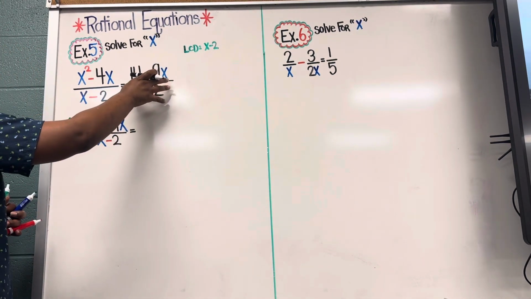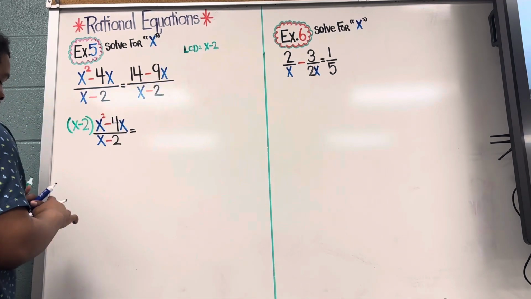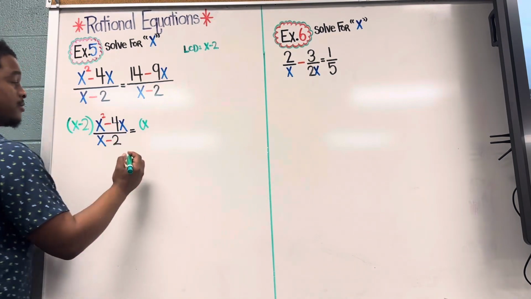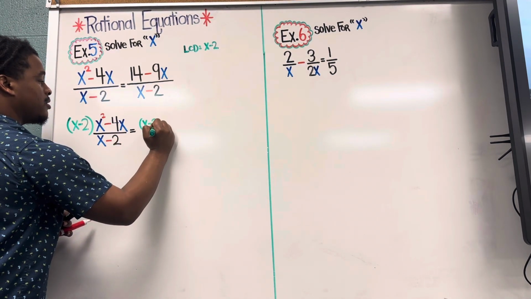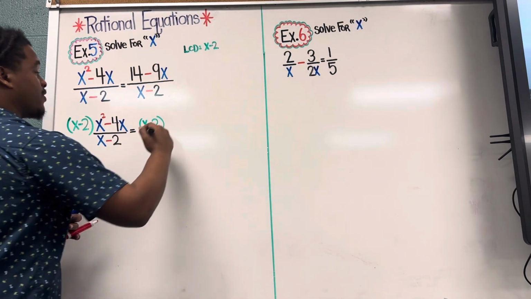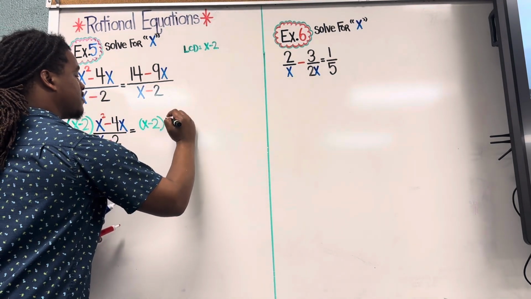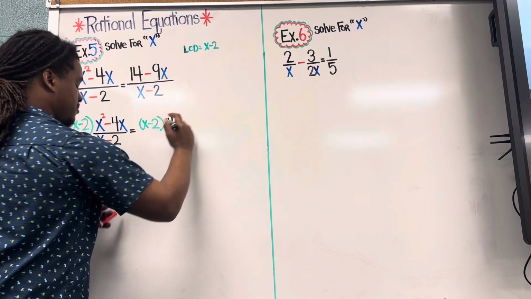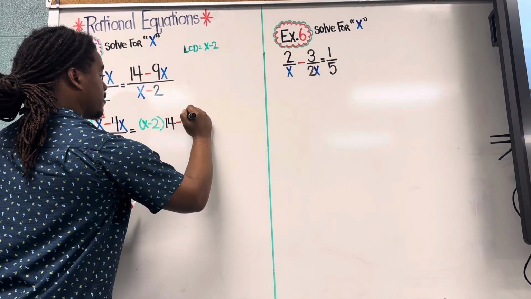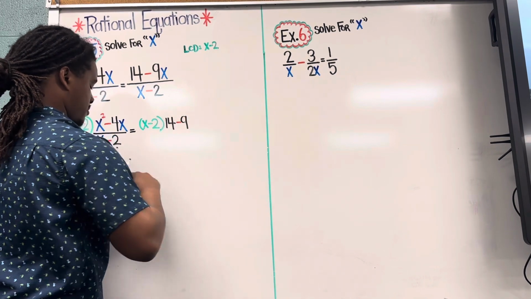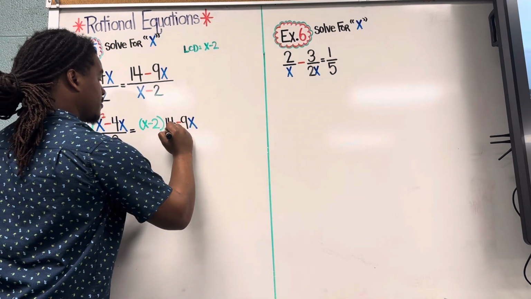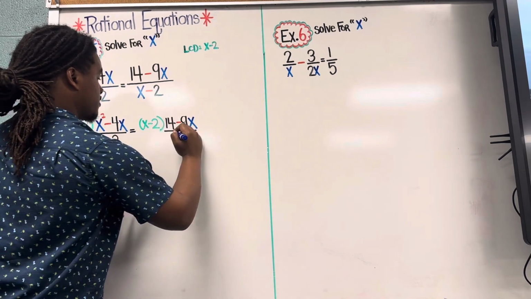I'm going to multiply this expression by the LCD. So it's going to be x minus 2, parentheses, times this expression, which is 14 minus 9x all over x minus 2.